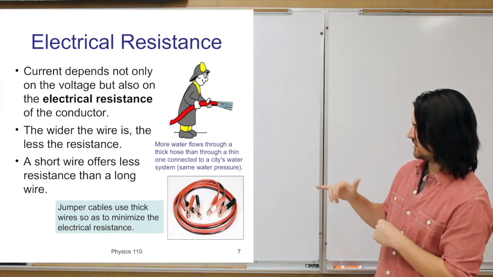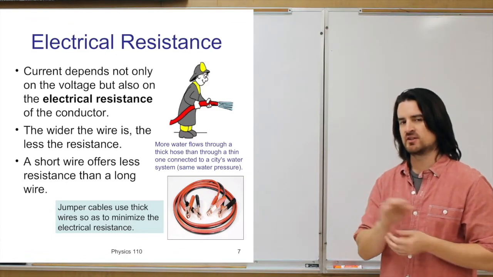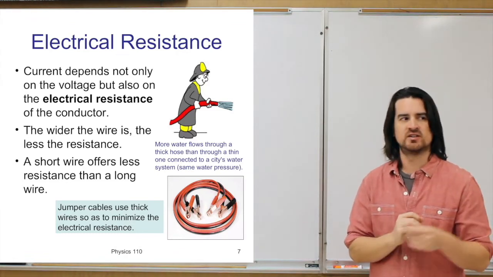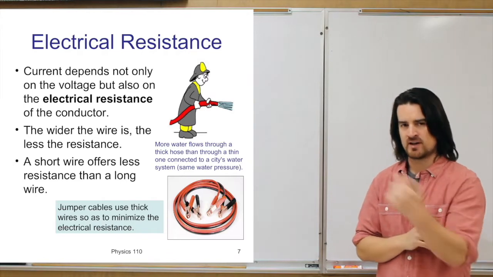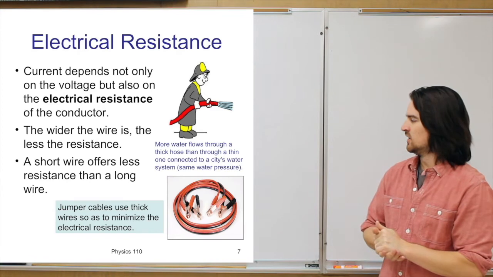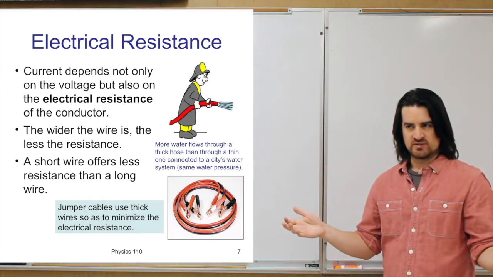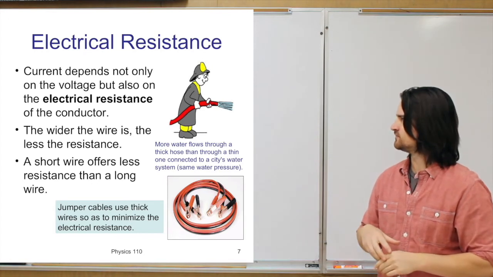That's one reason why jumper cables that you use for your car are generally pretty hefty, thick wires, because you're trying to push a lot of current from one battery to the other in order to charge it. So you don't want much resistance between the two batteries, so it's easy for current to flow.